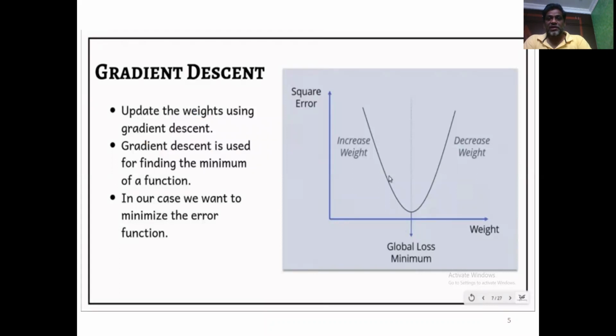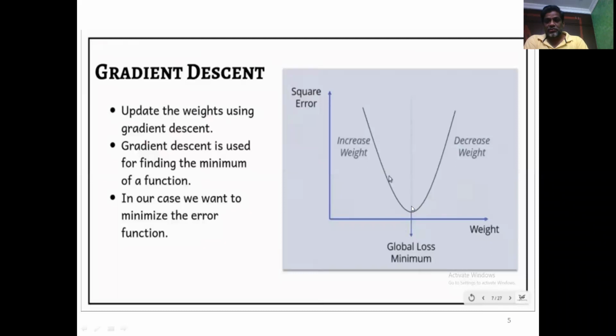We need to understand how backpropagation updates the weights. Either the weight may be increased or it may be decreased. Let us imagine that this is the square error. To achieve this global minimum, always remember that backpropagation targets reaching the global minimum.